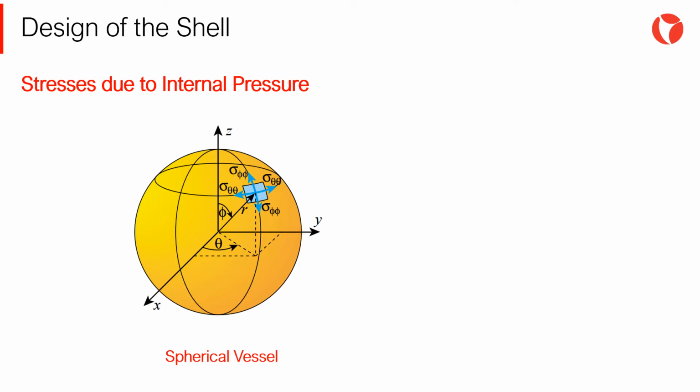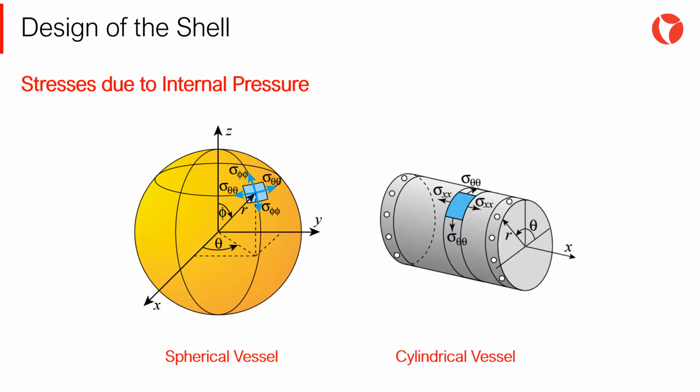This means that the wall stresses will be the same in every direction. This is not happening in a cylindrical vessel, where due to the asymmetry of this shape, the wall stresses vary with direction. That is why a sphere is the optimal geometry for a closed pressure vessel in the sense of being the most structurally efficient shape.